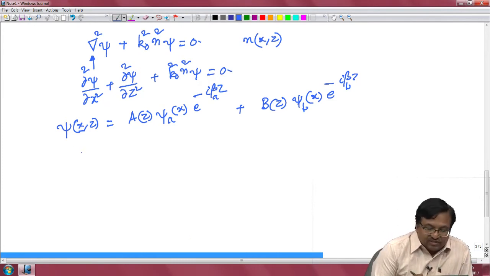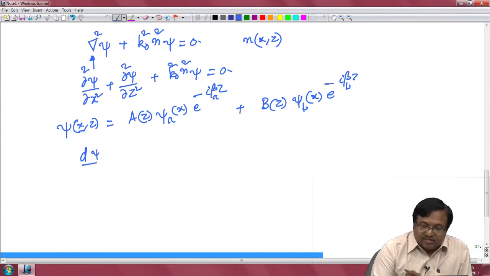So, let us differentiate psi. The equation contains d psi by dx and d psi by dz, so we have to evaluate each of these. d psi by dx is simple.